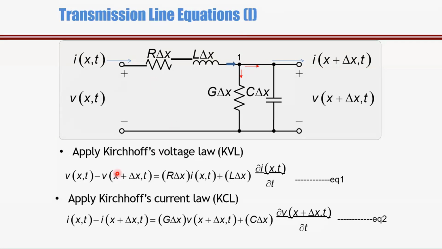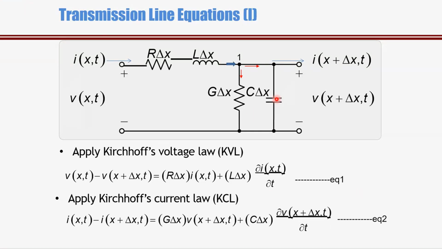So according to Kirchhoff's voltage law KVL, we have written this equation. So you can write these equations with me: V x comma t minus V x plus delta x comma t is equal to R delta x into I x comma t plus L delta x into dou I x comma t by dou t. Equation number 1 by KVL.